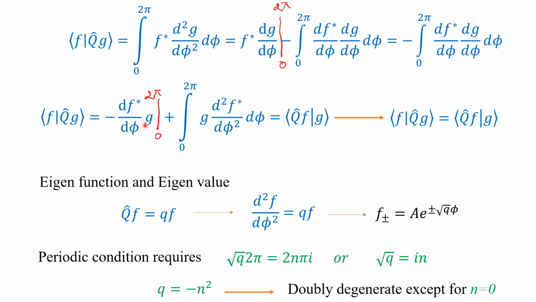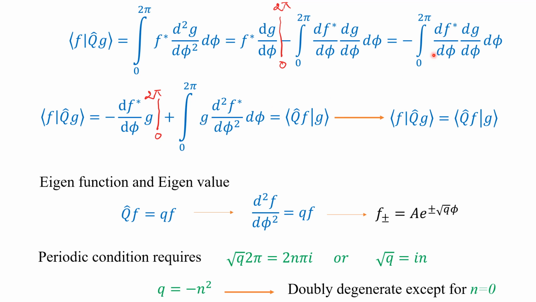Now you do this integral by parts again. Here you take g as V and df/dφ as U. Then this will become minus, because there is already a negative sign, minus df star/dφ g between the limits 0 to 2π, and minus of minus becomes plus, the integral from 0 to 2π of V du.